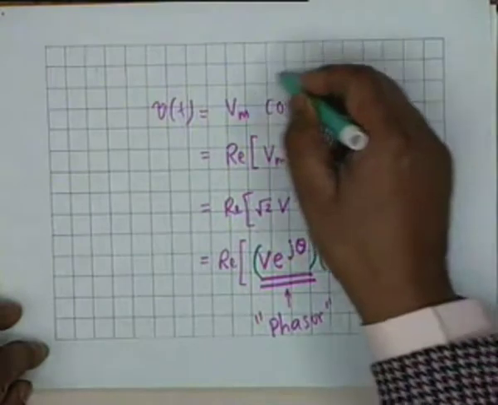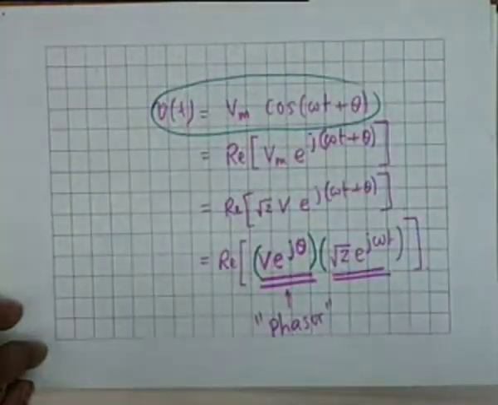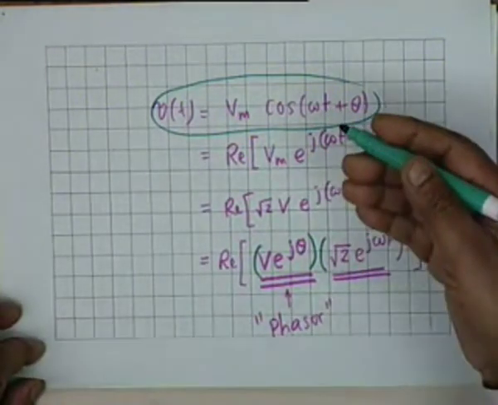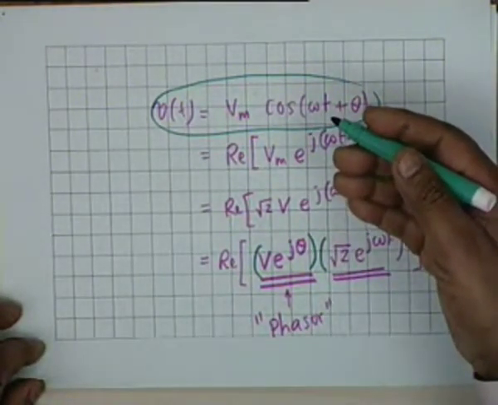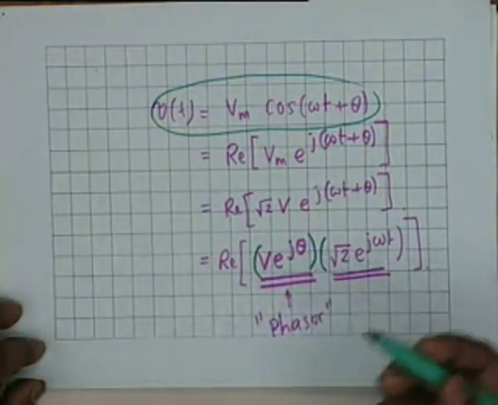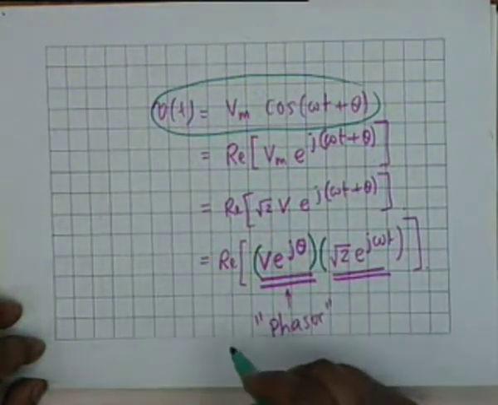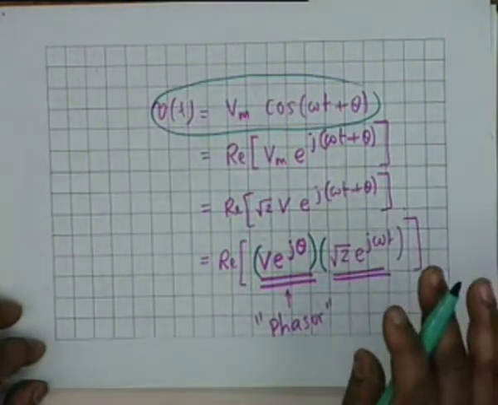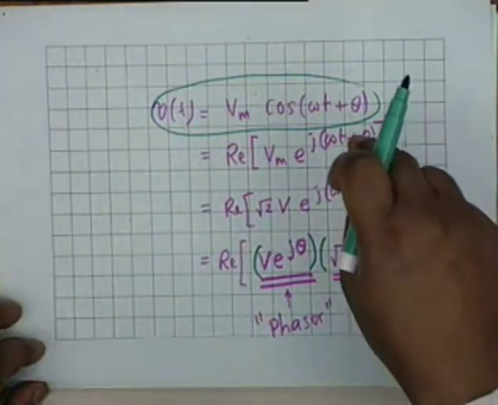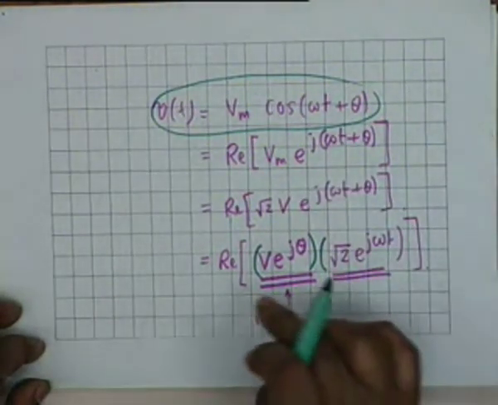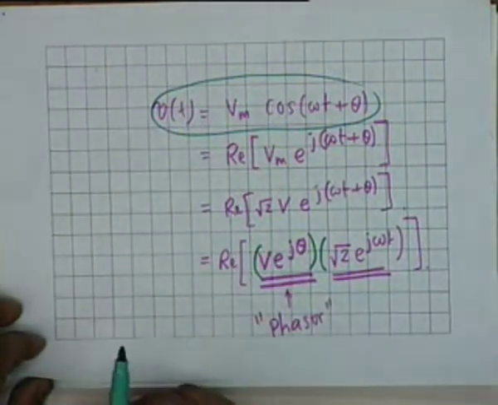Therefore this quantity v(t), which is very much a real quantity, is now being transformed into a complex number. As far as this is concerned, this is simply a complex number, V cosine theta plus j V sine theta. The time dependence and the frequency content omega are completely given up. That it is the real part, we also forget.